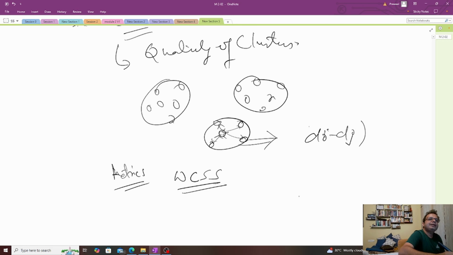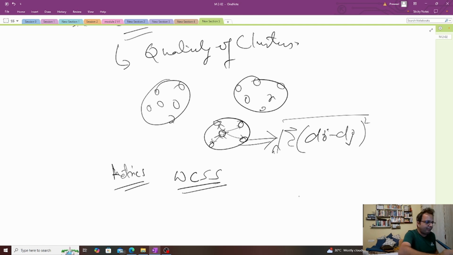Let's suppose we are taking Euclidean distance, and then we sum them. For most practical purposes, we'll use Euclidean distance as the distance metric in most of our calculations. So that's the within cluster sum of squares.